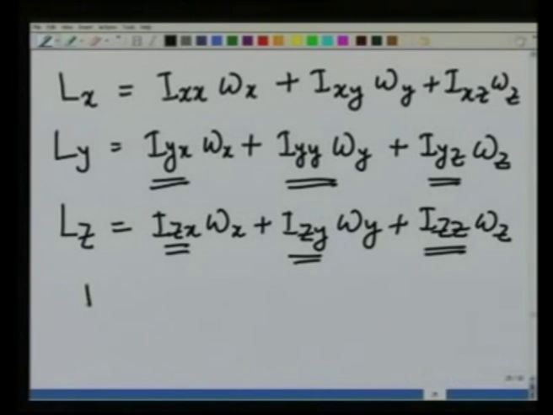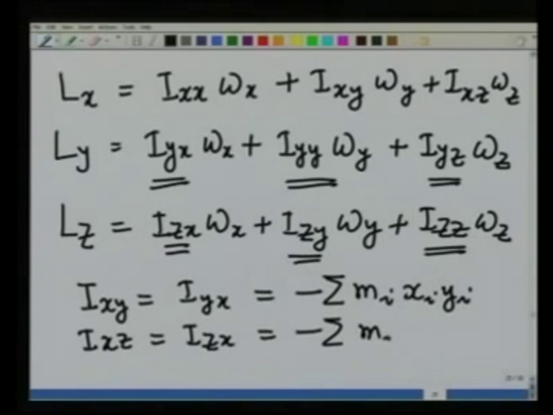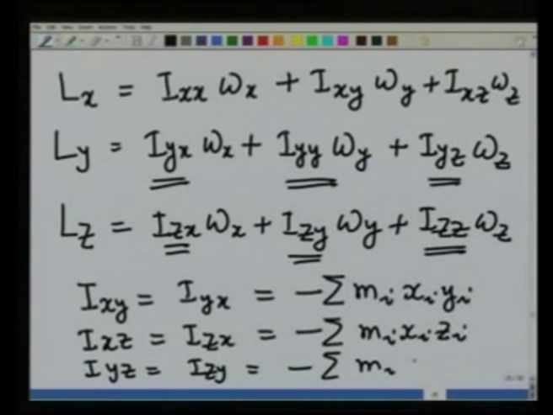Let me define them. Ixy is going to be equal to Iyx, which is equal to minus summation mi xi yi. Ixz is going to be equal to Izx, which is equal to minus summation mi xi zi, and Iyz is going to be equal to Izy, which is equal to minus summation mi yi zi.